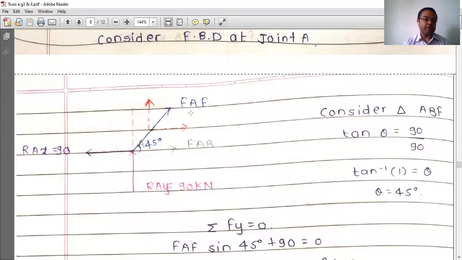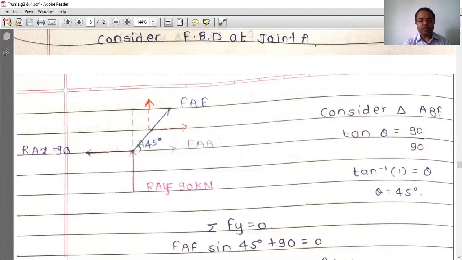Here we assume the force in both members as tensile. Tension means the arrow is away from the joint. Both arrows are away from the joint, which means we have assumed the force in both members as tensile.